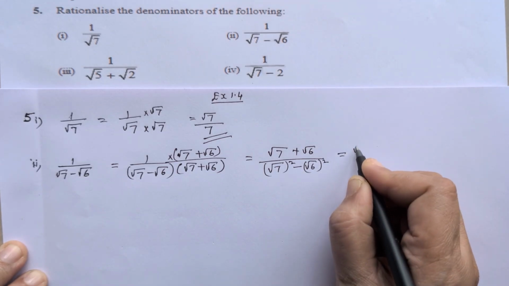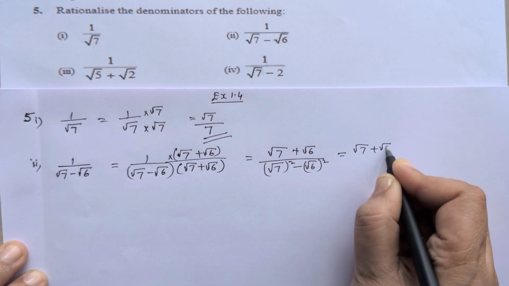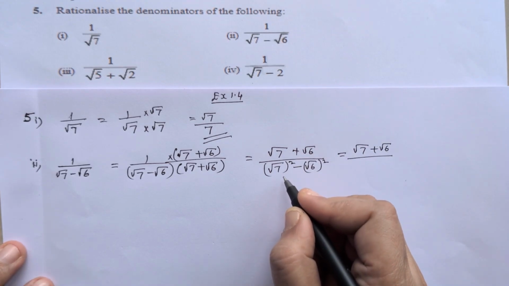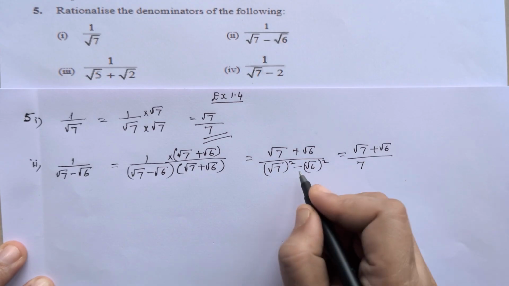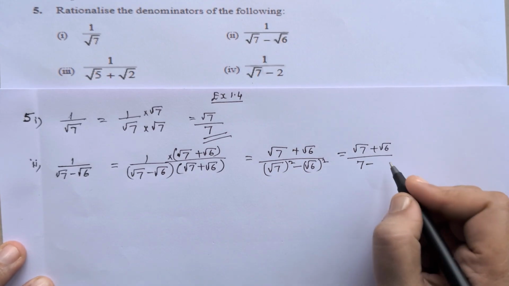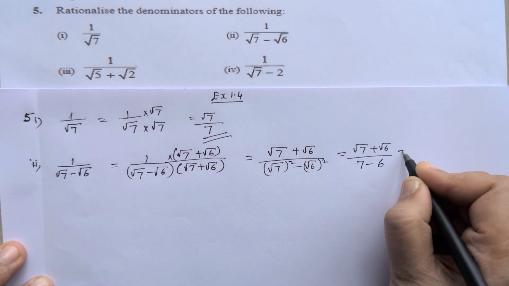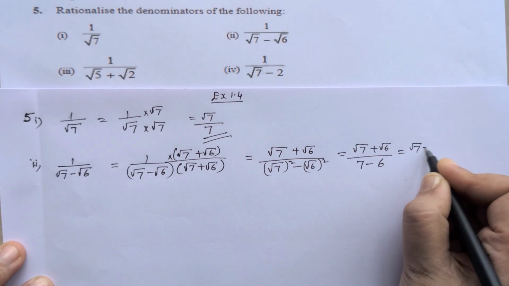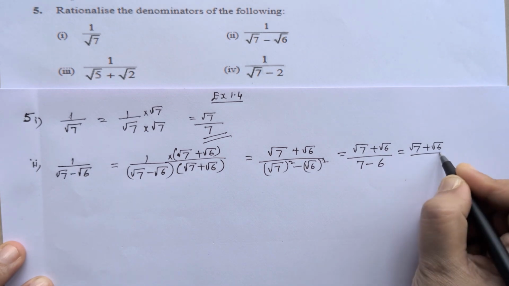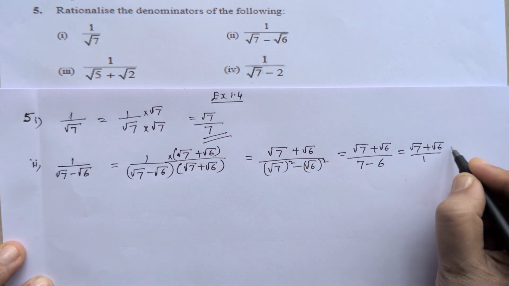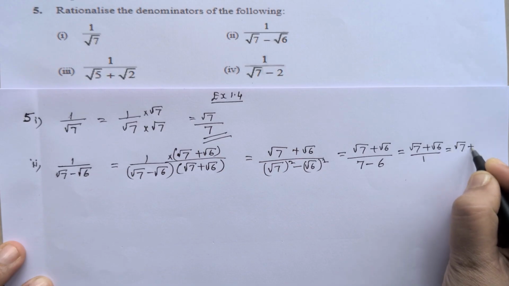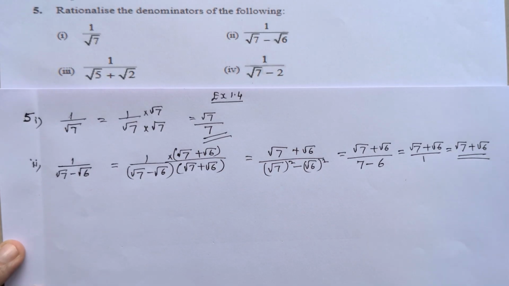Root 7 the whole square means root 7 into root 7, that means 7, minus root 6 into root 6, which is 6. So what we are getting: root 7 plus root 6 over 7 minus 6, which is equal to 1. No need to write that 1 in the denominator. So root 7 plus root 6 is the answer.